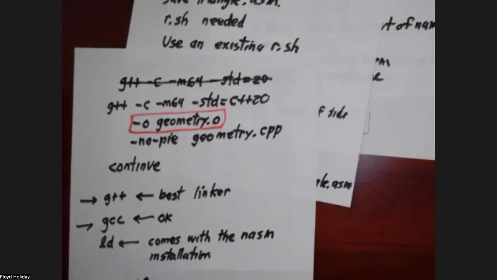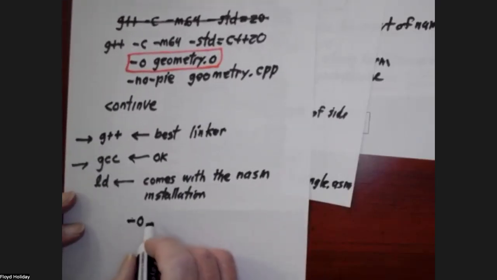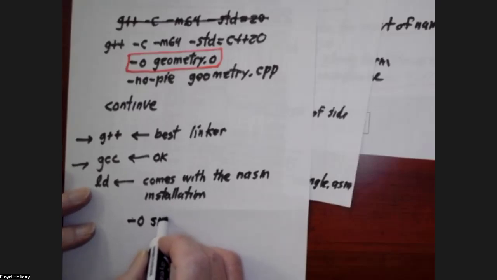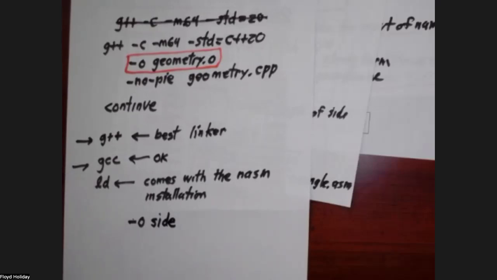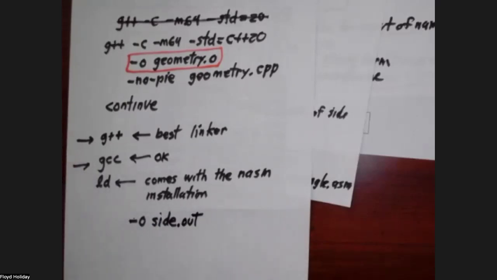The executable, you can make up any name for it. What are we computing? We're computing the length of its side, so I'll just call it side. In Windows, it would be side.exe. In Linux, it's traditional to call it a.out.